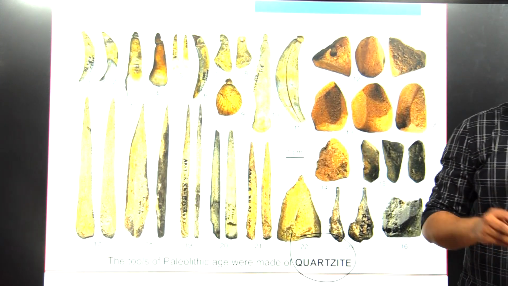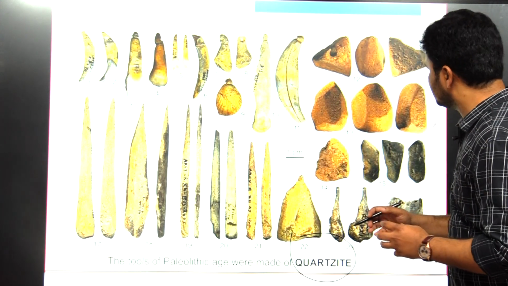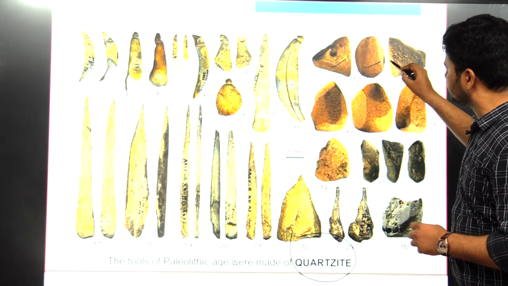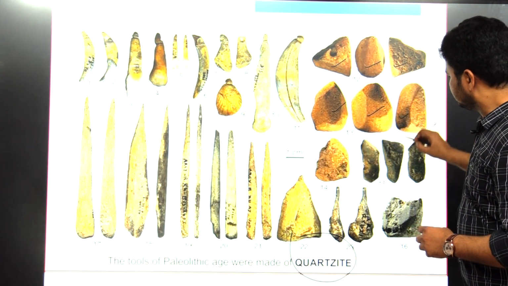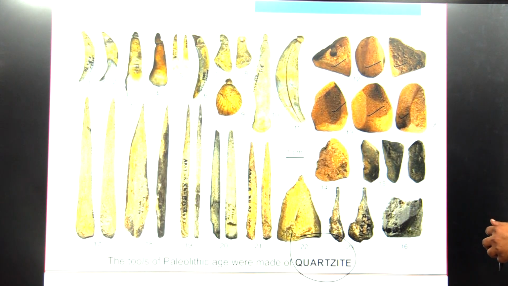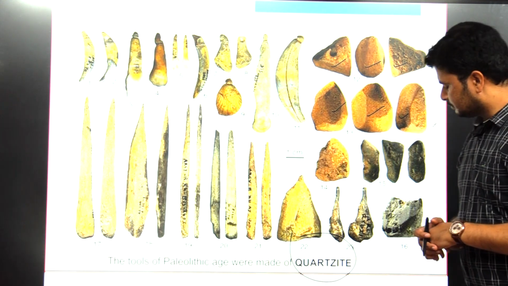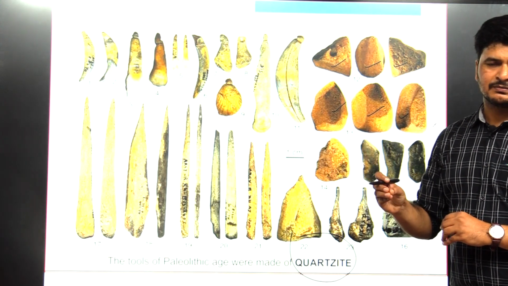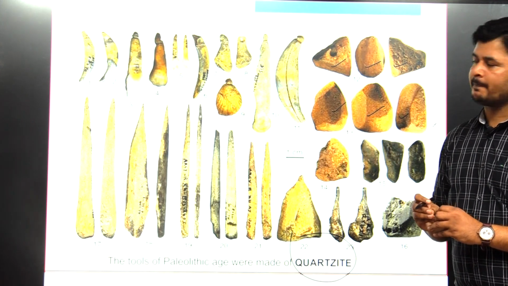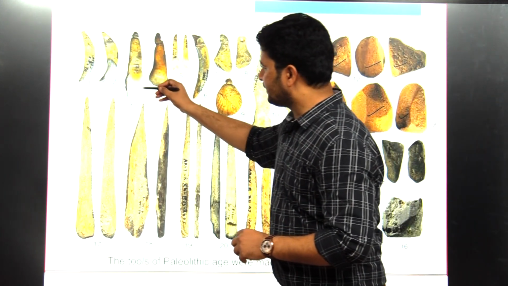I need to tell you, the tools in Paleolithic cultures were very rude, please. Boulders, pebbles, kind of it. The moment you come across tools which were smaller in size and sharp in nature, right?